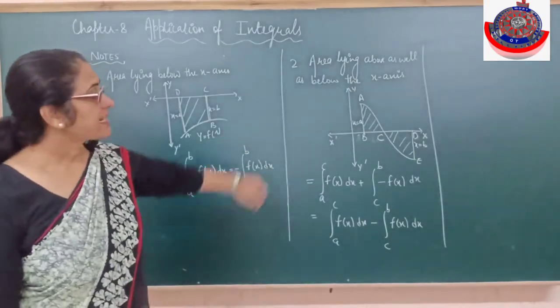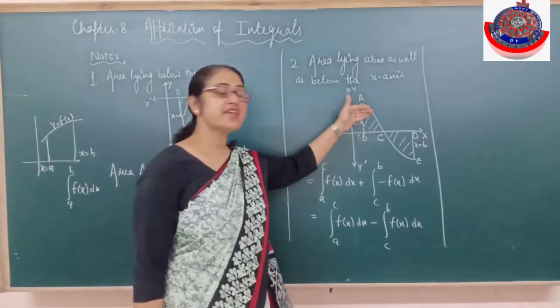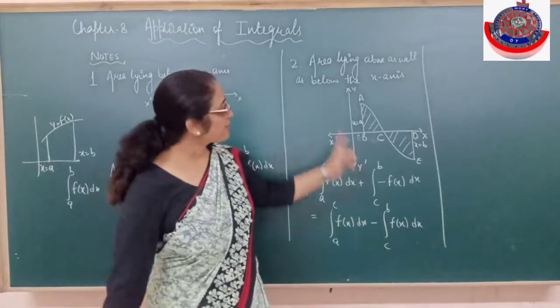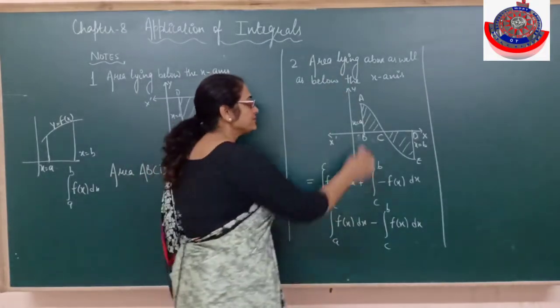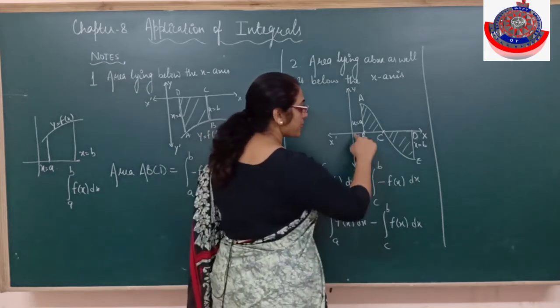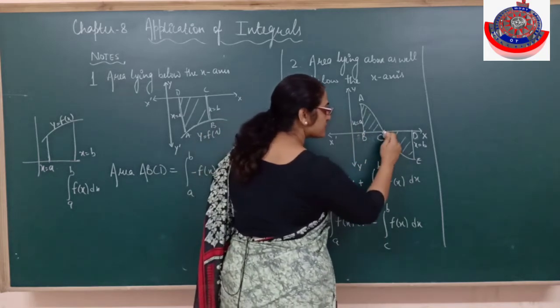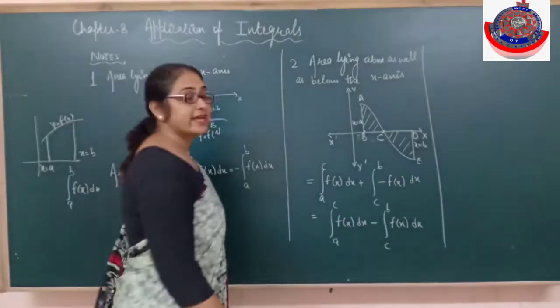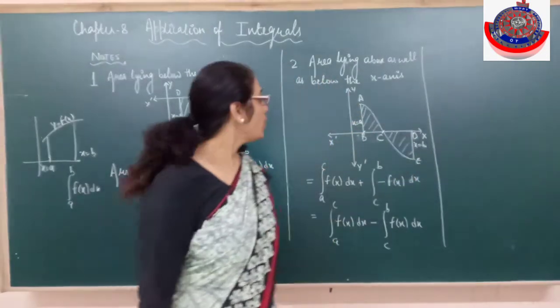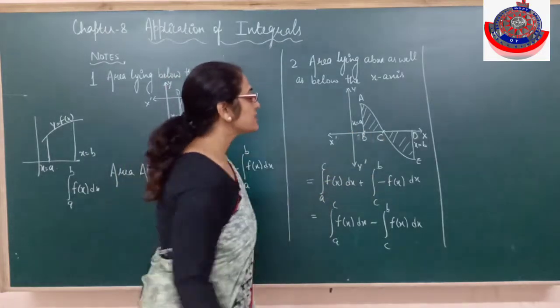Clear? The second case: if it is lying above the x-axis as well as below the x-axis, that is a combination of these two. The same curve is going like this. From here to here it is above the axis. From C to D, it is below the x-axis. So the area of A, B, C, D, E would need a breakup point.